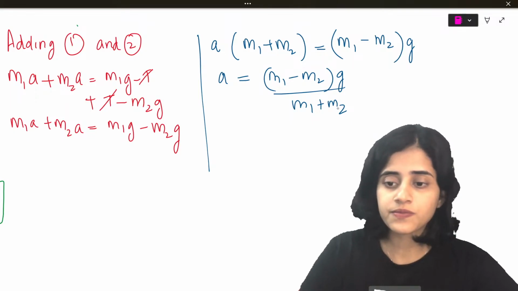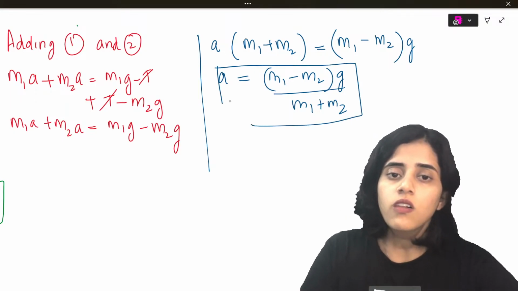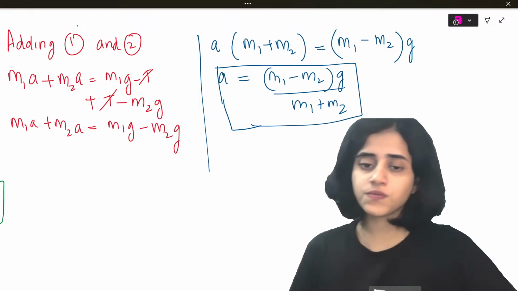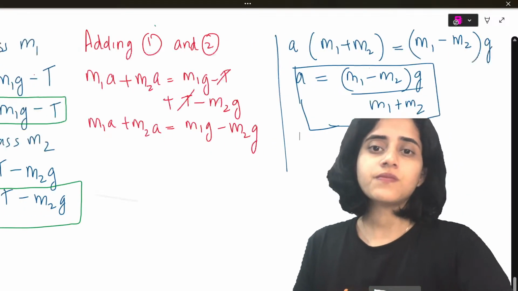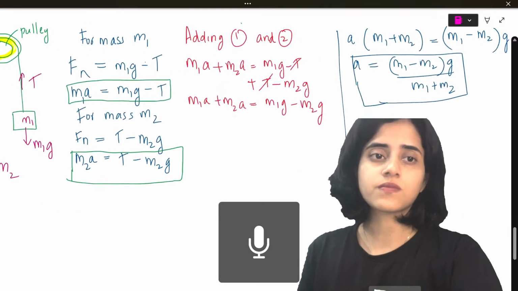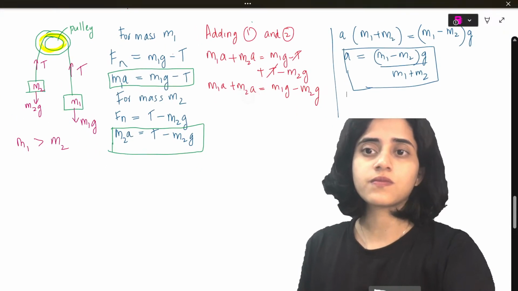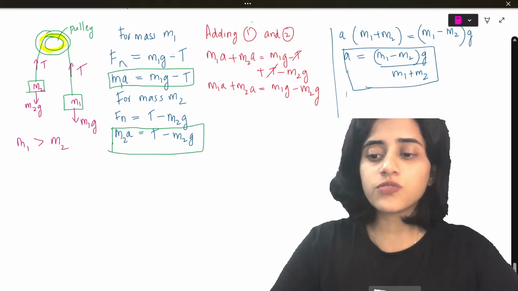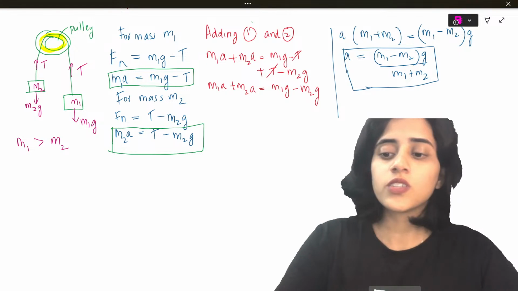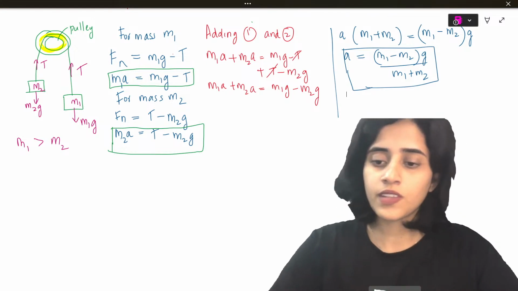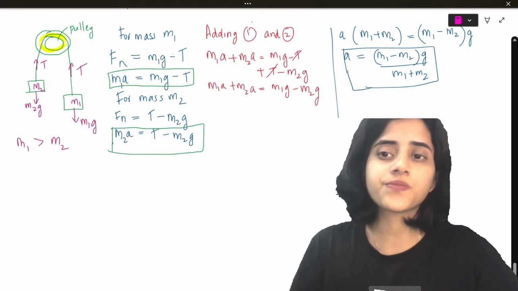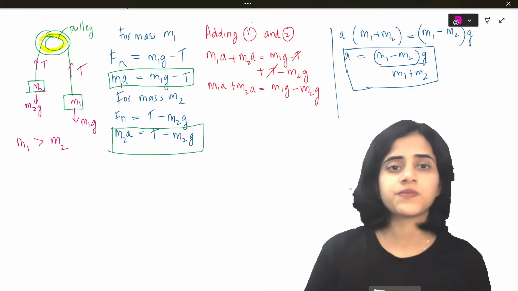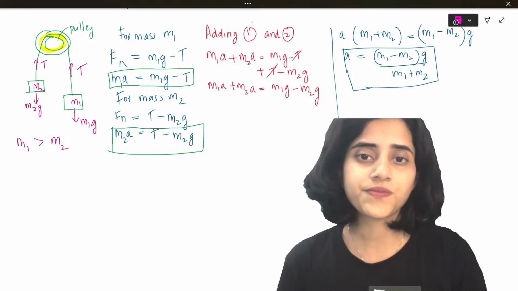Yes. This is the formula for acceleration of a system with two masses. Yes, this is important. It's easy, no? If you understand the concept, it's very easy.